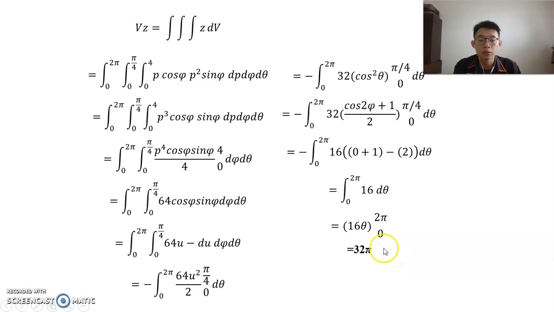And last but not least, we are going to find the volume in the xy plane, and same, we just convert the formula from rectangular coordinates into spherical coordinates. We're going to get a new formula of the triple integral of rho cos phi times rho squared sine phi d rho d phi d theta. Just put in the limits we obtained from solid G just now, and then we just solve it like normal, and we'll get 32 pi.